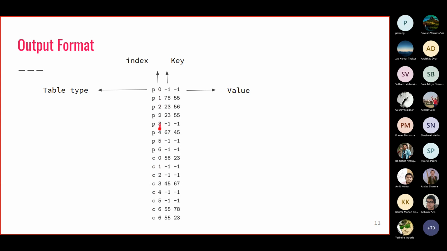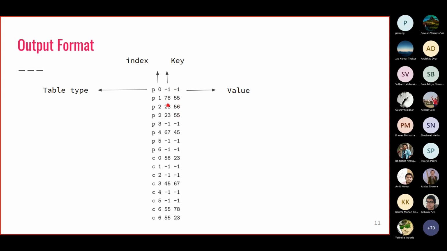The second one is the index of the particular hash map. There are a total of 7 lines in the hash map, so that's why 0, 1, 2, 3, 4, 5, 6. So 7 unique values are there. This column denotes the keys and this column denotes the values.